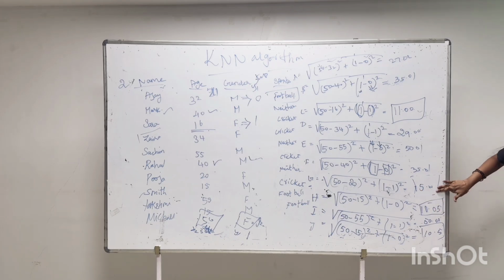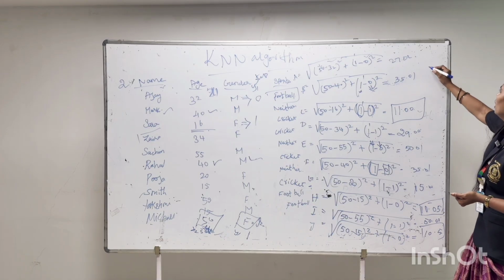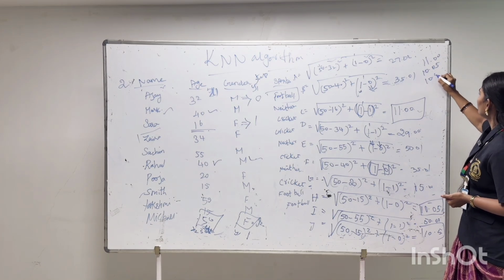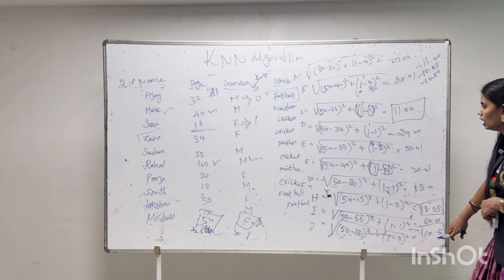Before that we got the value of 10, 10.05 also, 10.50, after that 11. We have the 3 minimum values, which are 11, 10.05, and 10.50. Okay, so we are going to see which members are having these.